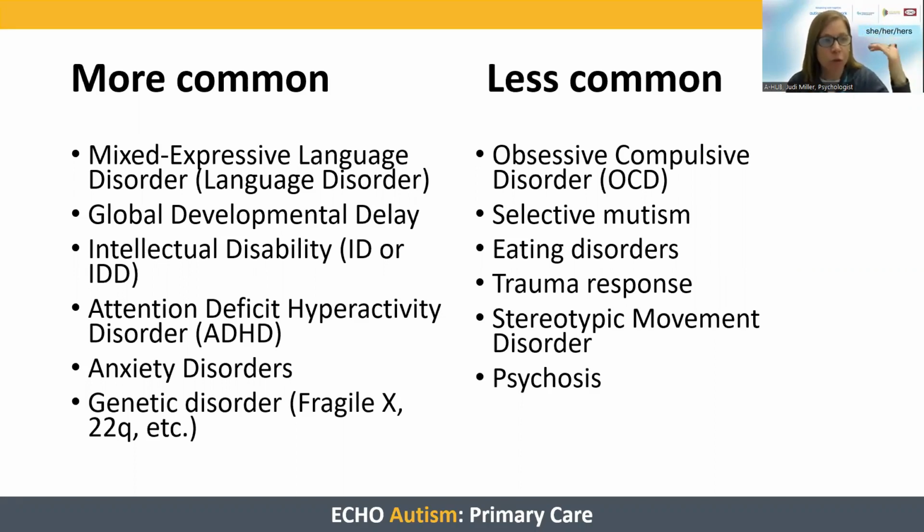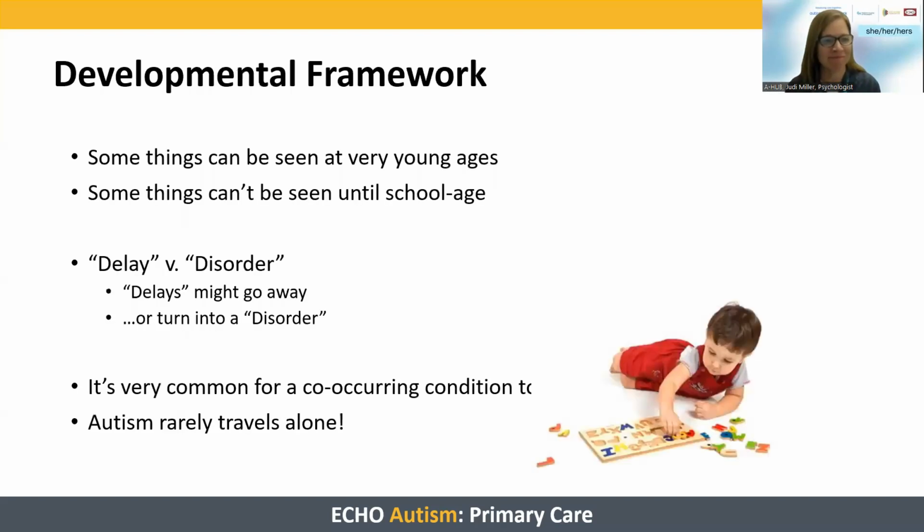So language disorder, global developmental delay, intellectual disability, ADHD, anxiety disorders, and genetic disorders. Those are the most common things that occur with autism. And then on the right are other things that also occur sometimes, but not as often as the ones in the more common column. Okay, next slide.